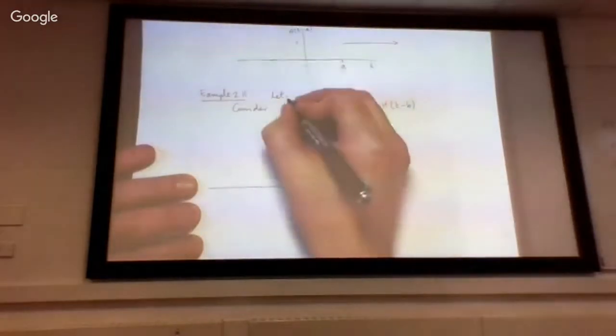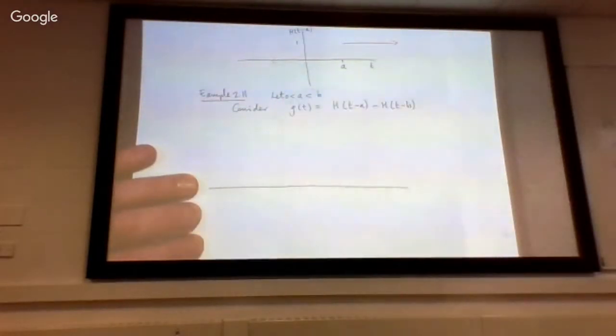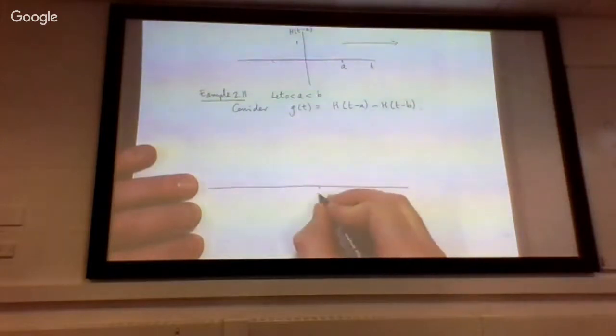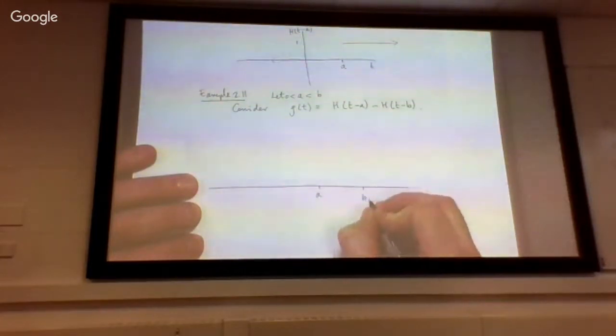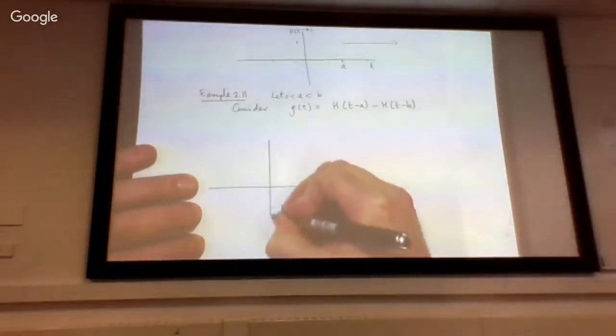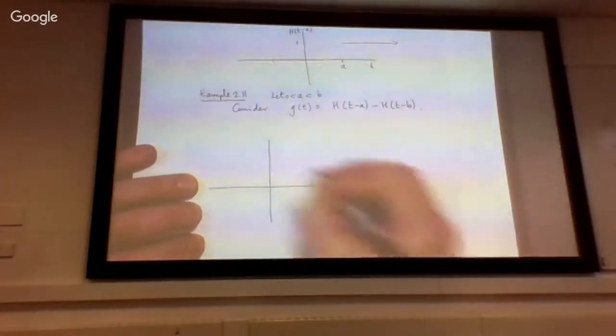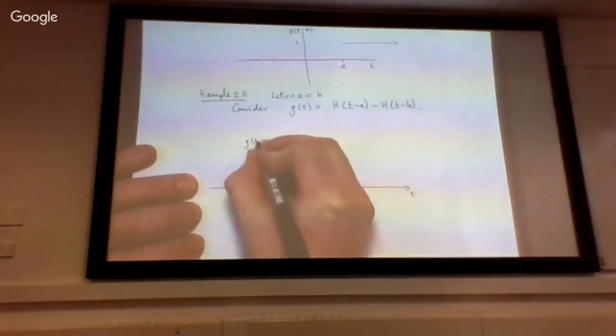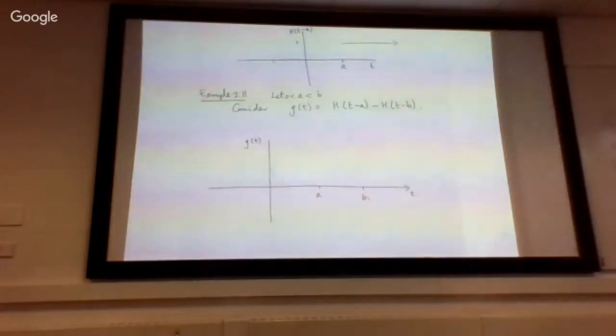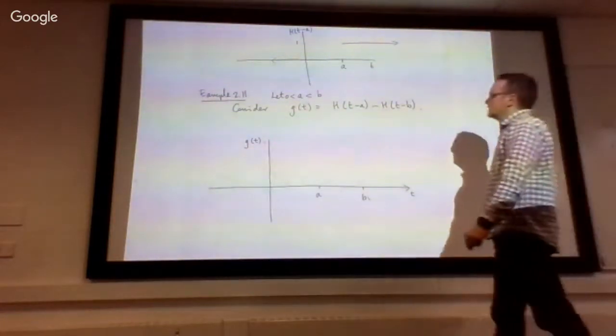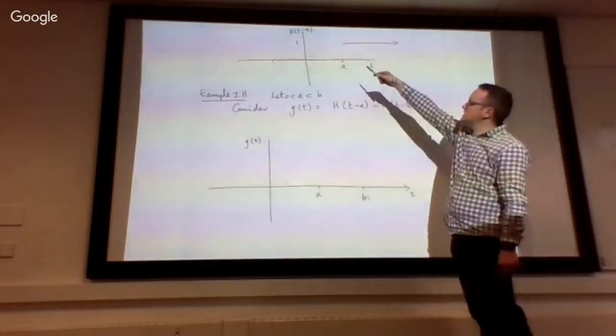We will assume for the sake of argument that both of them are strictly bigger than 0, just so I can place the vertical axis somewhere. Here's t, here's g of t. So what's happening? Remember this new definition we have.